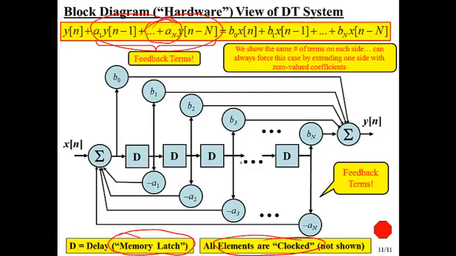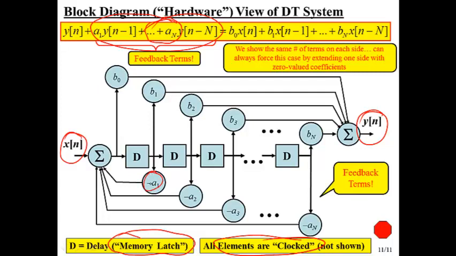So we think of this as almost like a first in, first out buffer, where each of these is just some memory location, and each time we hit a clock pulse, everything moves to the right. And also, each time you hit a clock pulse, a new sample arrives there, and a new output sample is computed from all the values that are there.